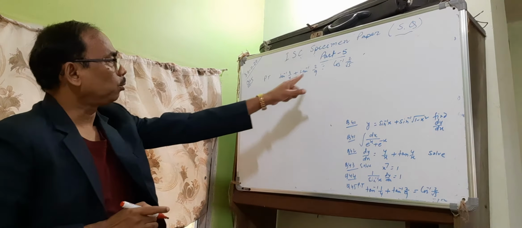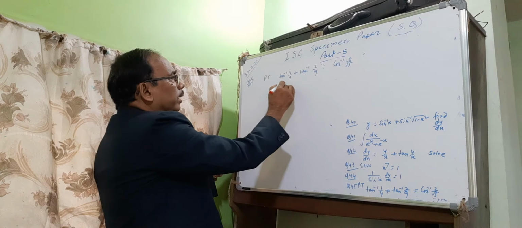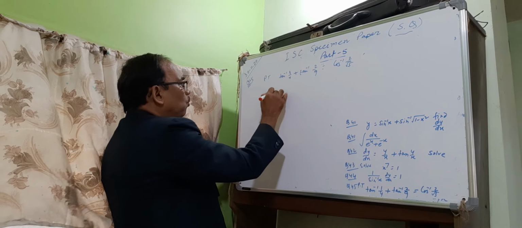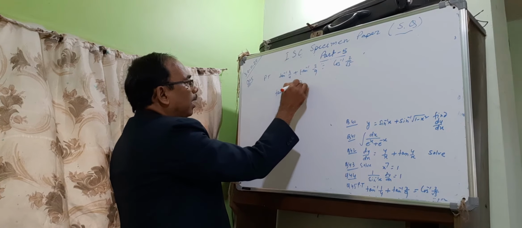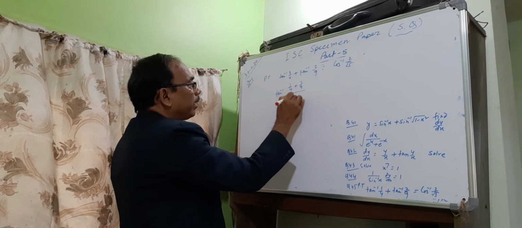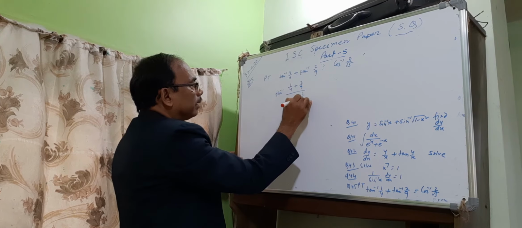We have to prove this. Here we know the formula, tan inverse x plus tan inverse y is tan inverse of x plus y over 1 minus xy.